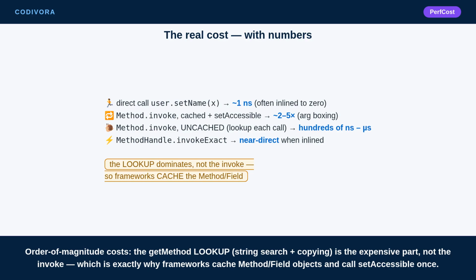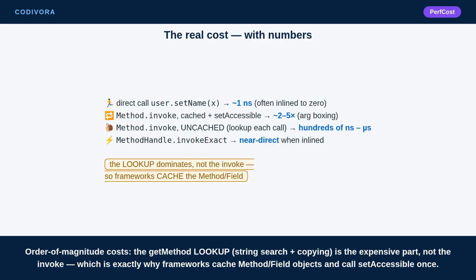Reflection isn't slow as a blanket rule, so let's put numbers on it. Orders of magnitude on a warmed-up JIT. A direct call is about 1 nanosecond, often inlined to 0. A cached Method.invoke, with setAccessible already done, is only a small multiple, 2 to 5 times, from boxing the arguments.